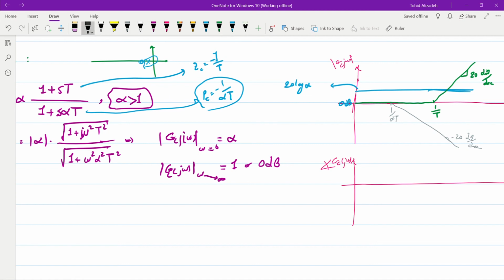Let me choose the black color. So up to omega equal to 1 over alpha times t, we will have 20 logarithm of alpha. Then we have the -20 dB per decade appearing.